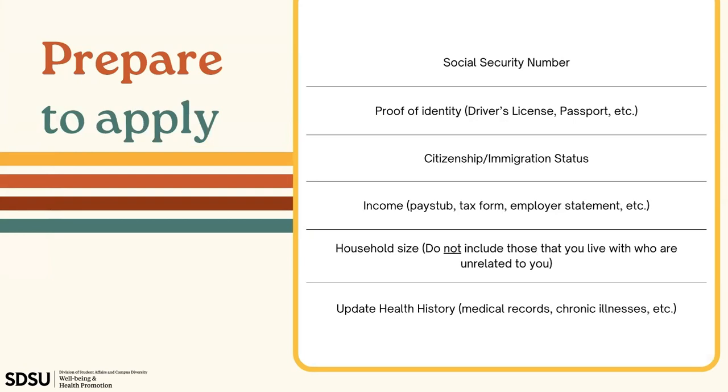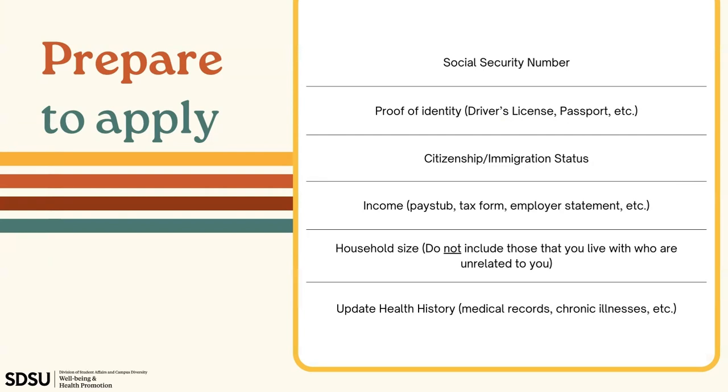You will also need to gather documents to prove your income. These could be your pay stub, last year's tax return form, letter of employment from your HR department, or salary appointment letter. Household size is pretty self-explanatory. It is simply the number of people who live in your household.